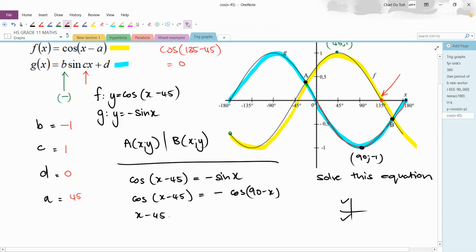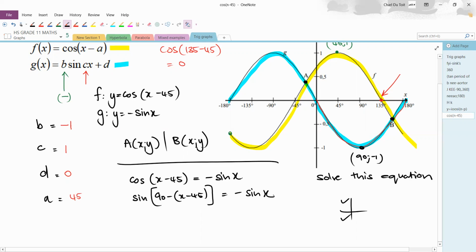Now, this is plus. I should have changed cos to sin. It's going to be slightly easier. You won't understand the other method. I'm just going to change this cos into sin of 90 minus that angle. I'm not going to do the sum. You're not going to understand this. This is negative sin x.